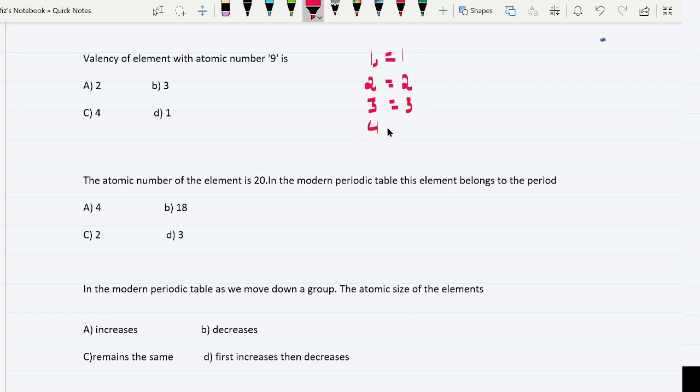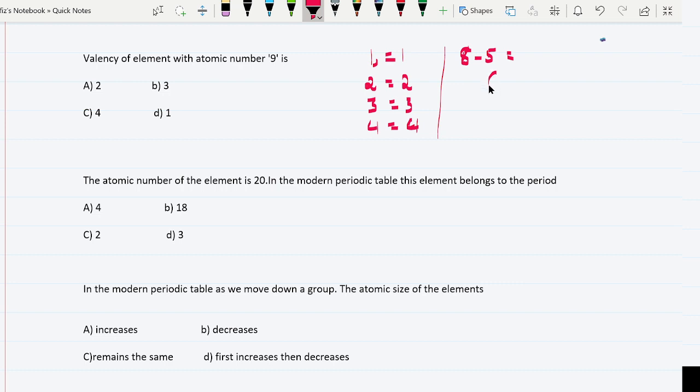If it has 4 electrons, then the valency will be 4 itself. But if the last orbit or valence shell has 5 electrons, then you know what you will do. This 5 should be subtracted from 8. From 8 you have to subtract it, then you will get the valency.